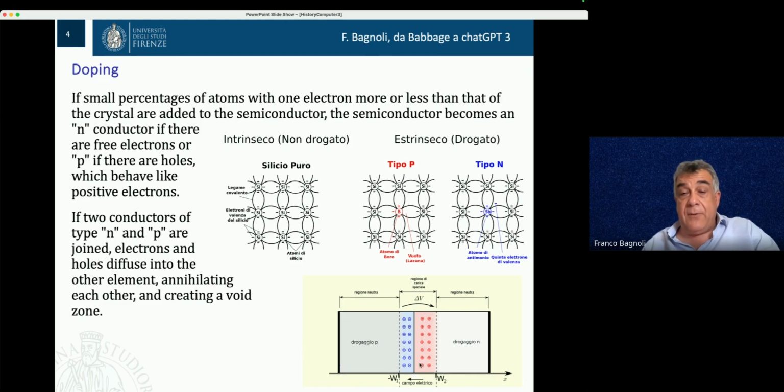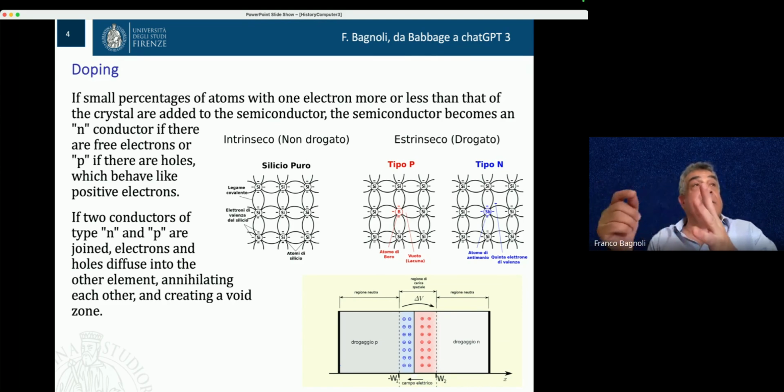Okay, so now if you join a semiconductor of type P with, for instance, a semiconductor of type N, also with a pure semiconductor, but let's consider only these two types, you have in some sense the same as when you have a semi-permeable membrane between two solutions, for instance, water and water with salt. The membrane is something that allows, for instance, the ions of salt to pass, but not the water molecules.